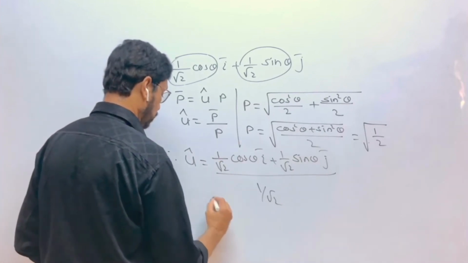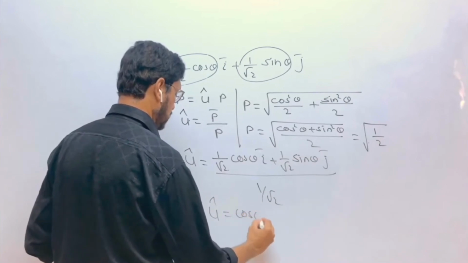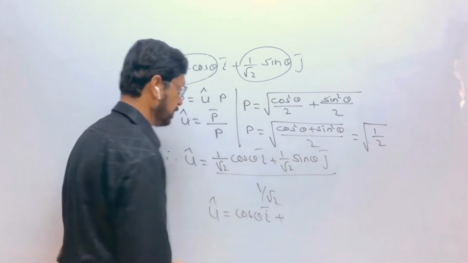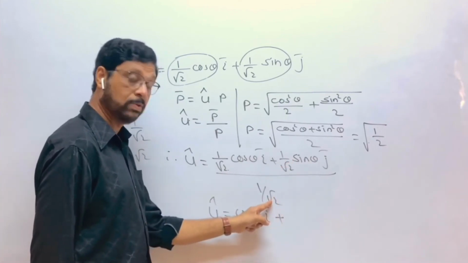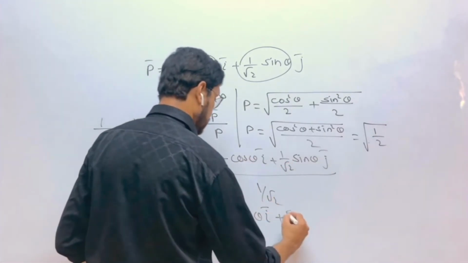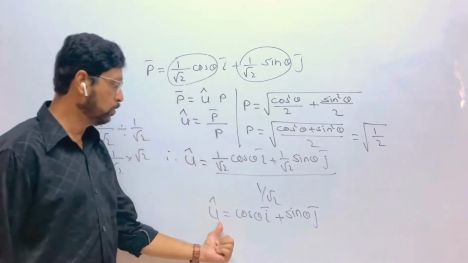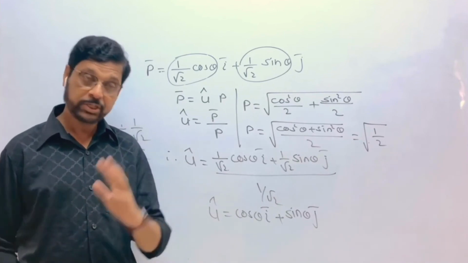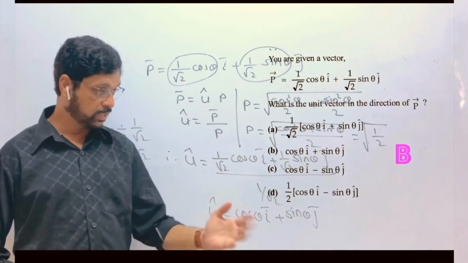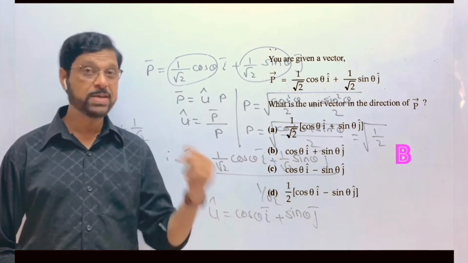So the unit vector will be 1 cos theta i plus, same here, 1 by root 2 divided by 1 by root 2, that is 1, sin theta j. So the unit vector will be cos theta i plus sin theta j. Check into the options. Cos theta i plus sin theta j, that is option B.